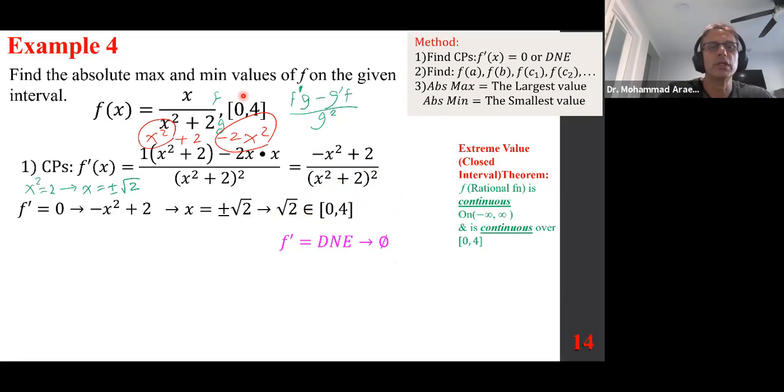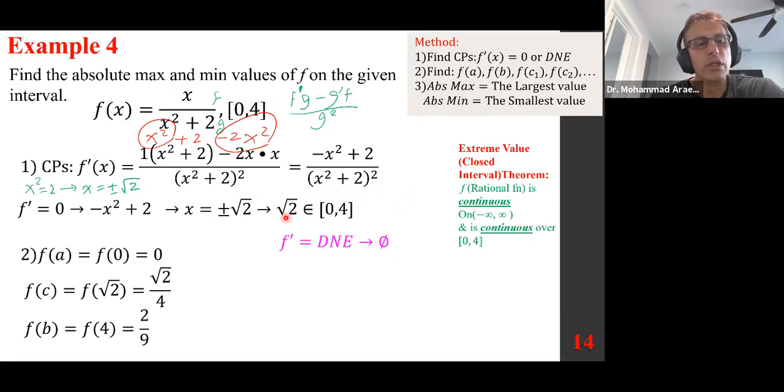So we are going to plug in the endpoints as well as the critical point, square root of 2. So let's see what we get. Starting with 0, it's very simple. When you plug in 0, the numerator is 0. You get 0 over 2, which is 0.